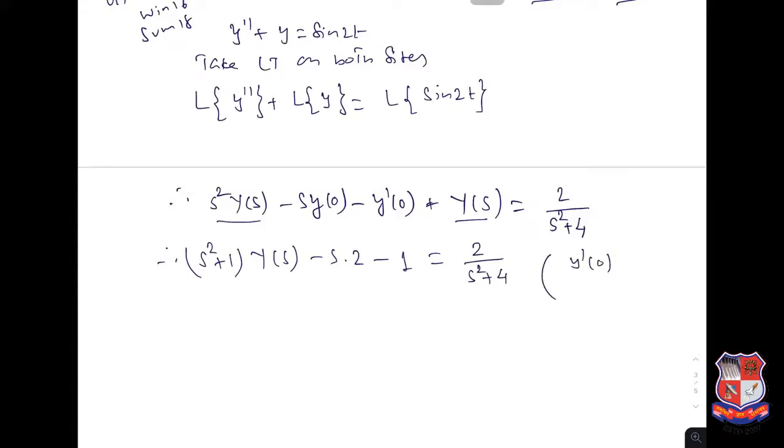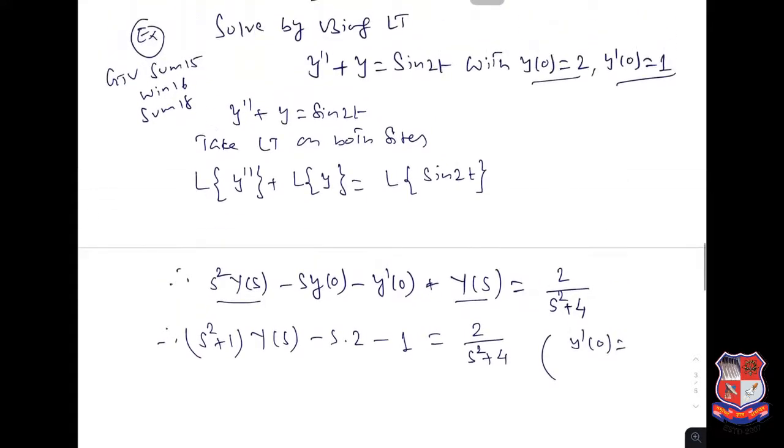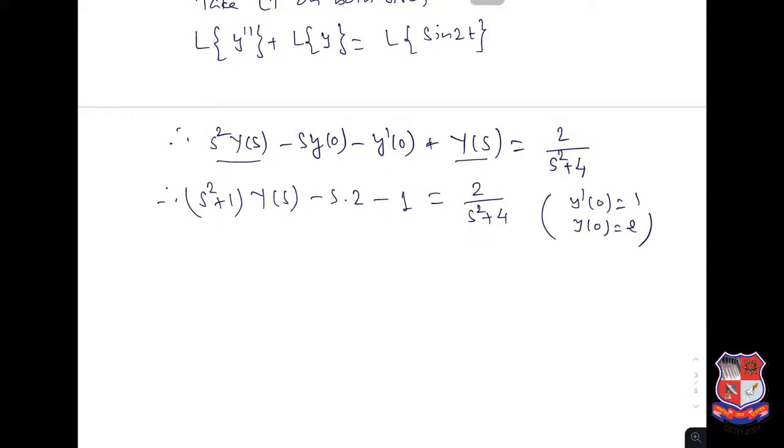So y dash at 0 equals 1 and y at 0 equals 2. So now (s square plus 1) Y(s) is equal to 2 over s square plus 4 plus 2s plus 1.